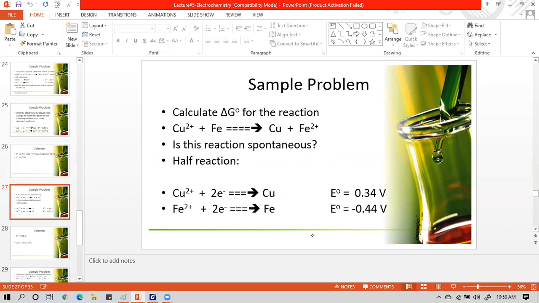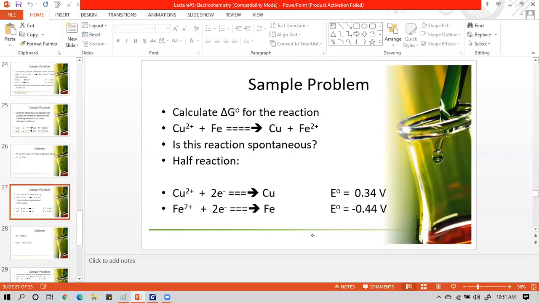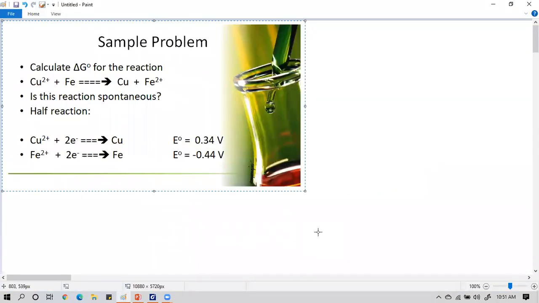Ayan. Calculate the Gibbs free energy for the reaction. Is this reaction spontaneous? Okay, so these are the half reactions for the one. Okay, for the G naught. So, paano kaya yan? Mapapansin nyo naman, guys, obviously here, ang na-oxidize is yung iron. Tama?